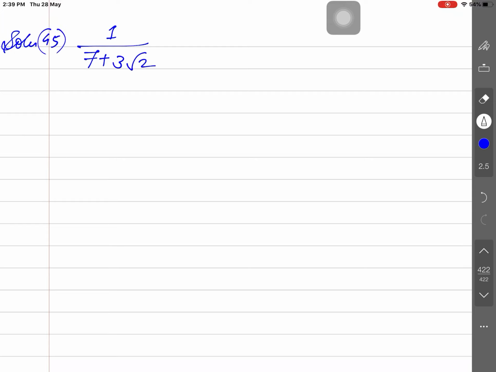The situation will become more complex than the others. So what again? Same line is there: rationalize the denominator.